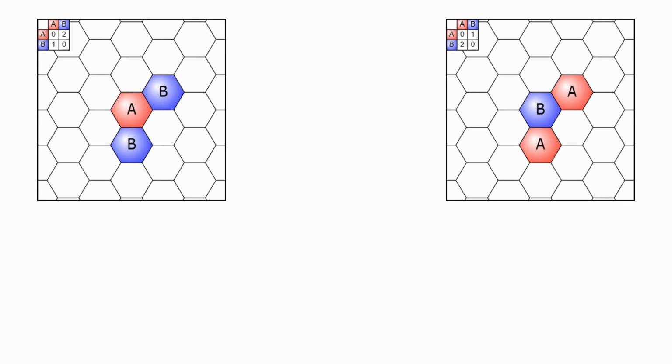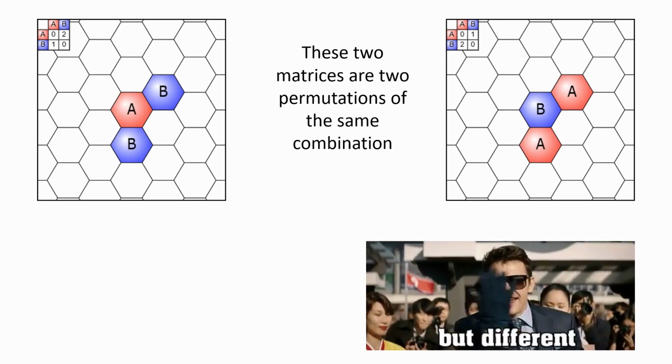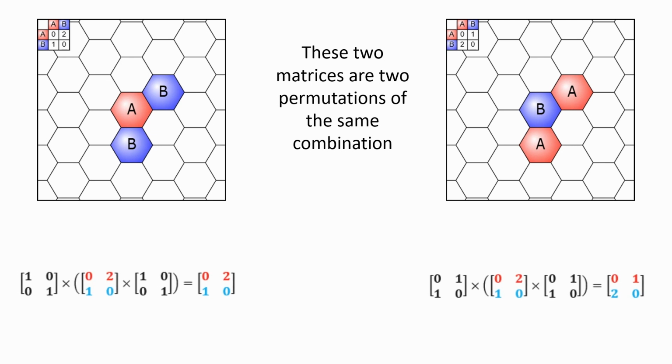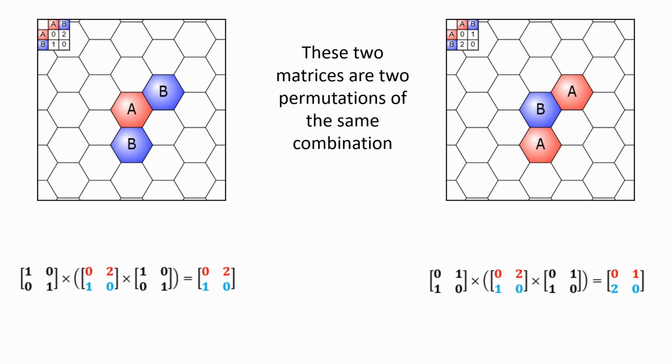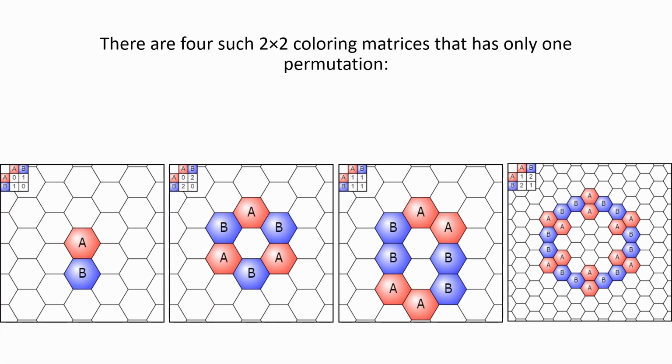These 2 matrices are 2 permutations of the same combination. The permutations of a coloring matrix can be generated by multiplying a matrix by a permutation matrix and then multiplying the transpose of the permutation matrix by this product. There are 4 such 2 times 2 coloring matrices that have only one permutation.